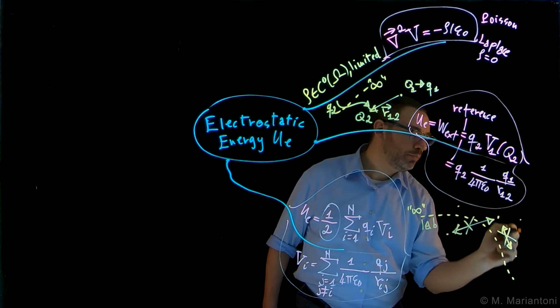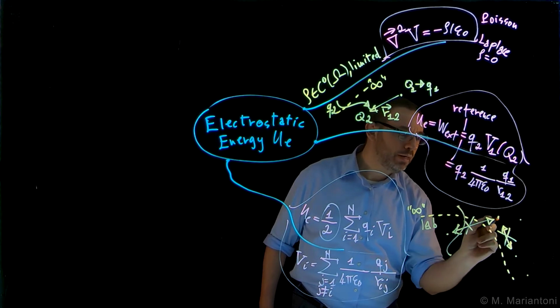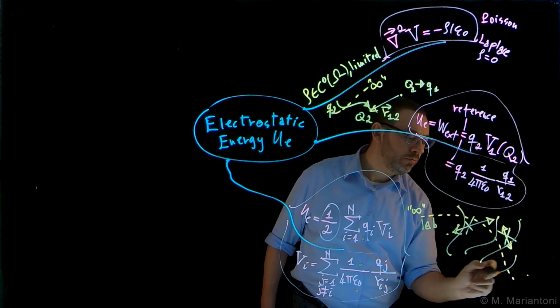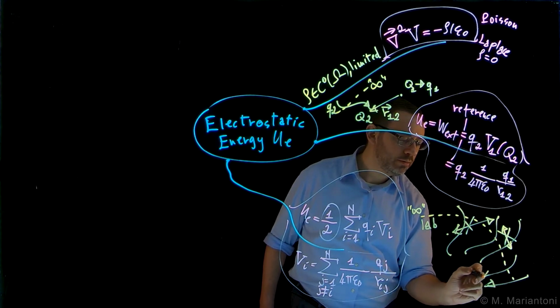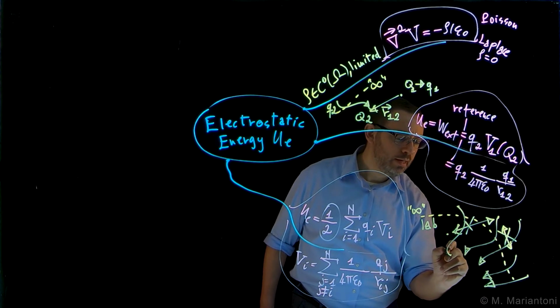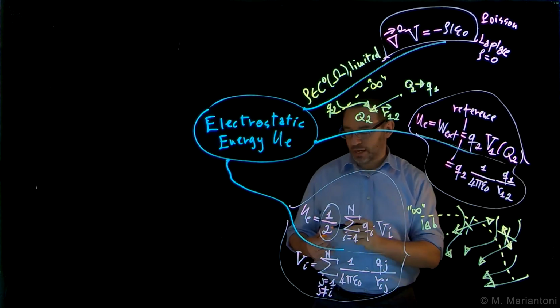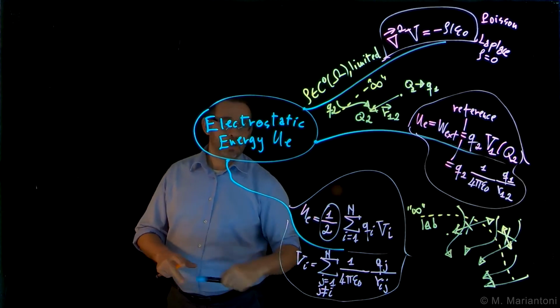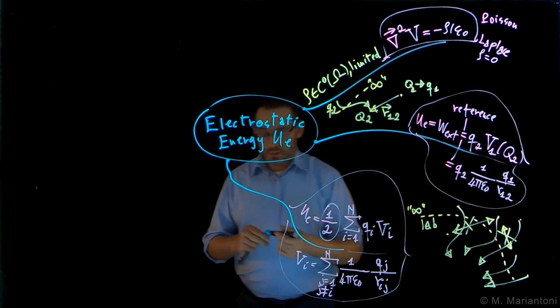So we took many of these particles, we brought them one by one into the lab, following whatever path we wanted, and by doing so, we were able to find this expression.